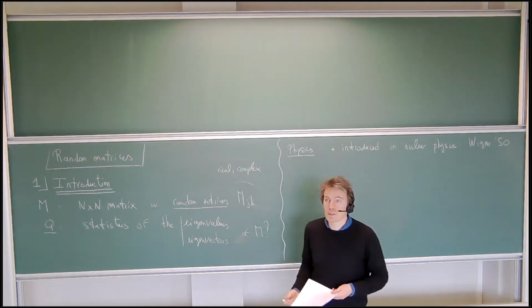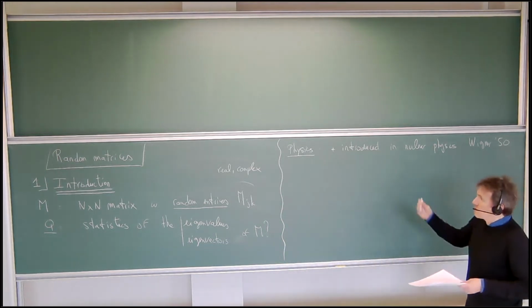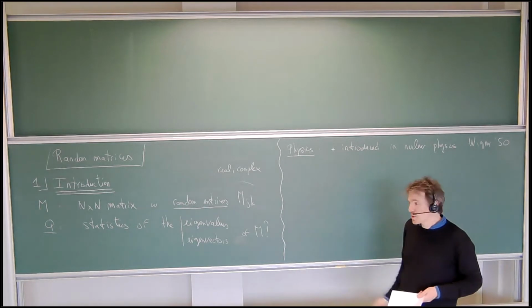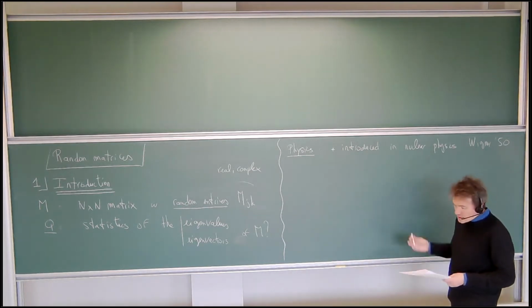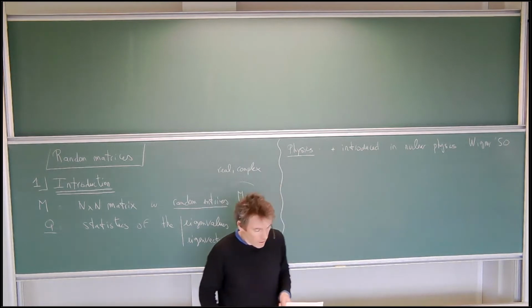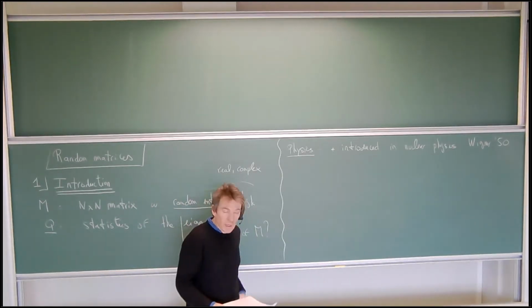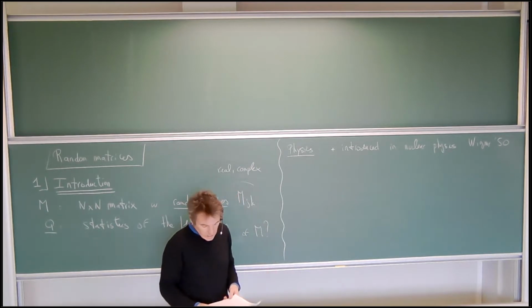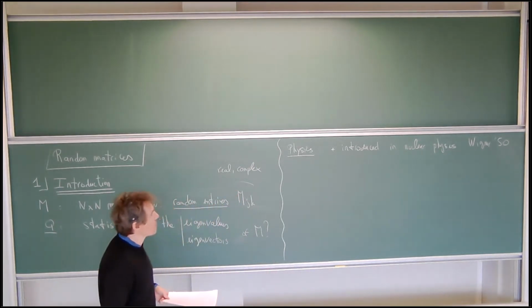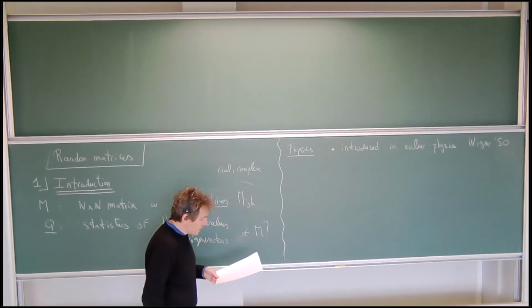And that's how it started in physics. And it afterwards had a lot of success, not only in nuclear physics, but much beyond, in many different areas of physics. You could consult the Oxford Handbook of Random Matrices, which was edited a few years ago. Many chapters are actually free and you can find them on the arXiv.